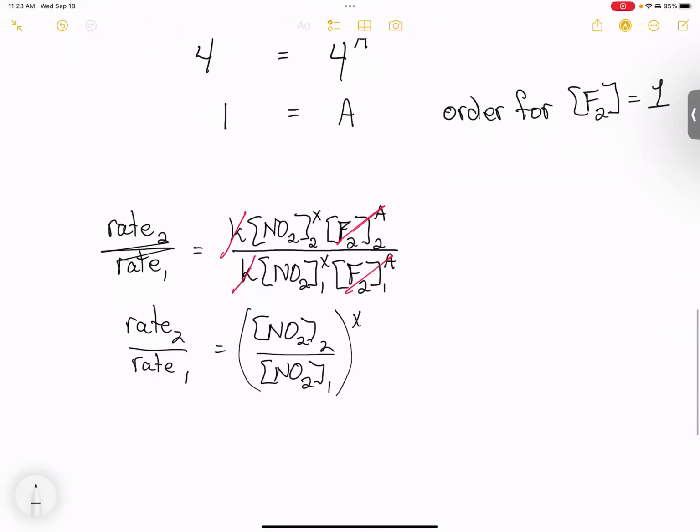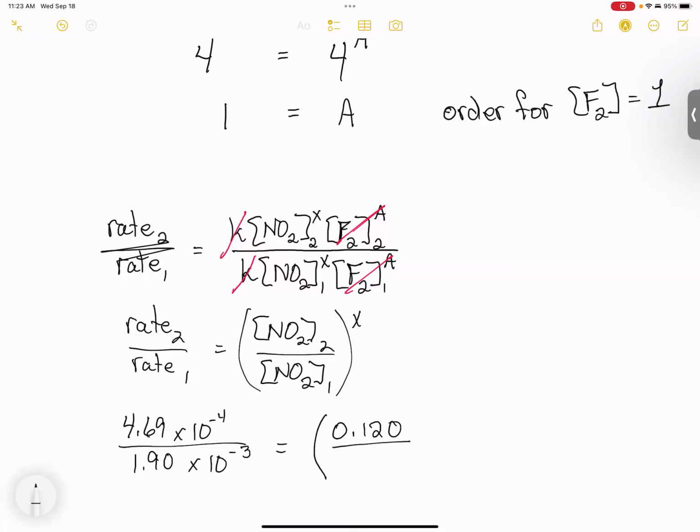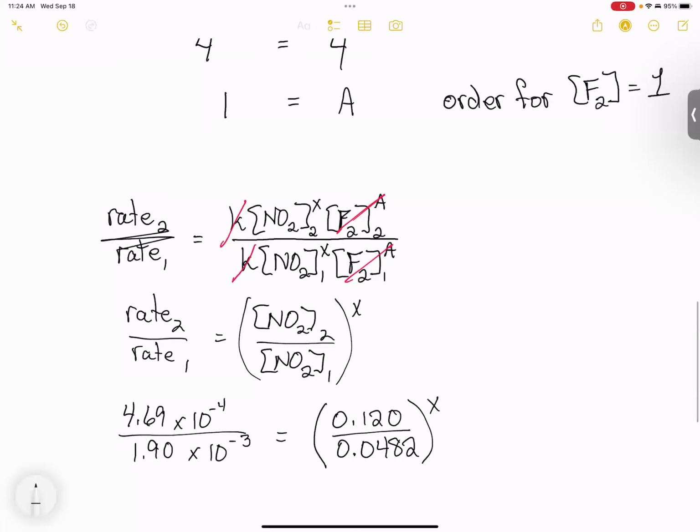Rate 2 was 4.69 times 10 to the minus 4. Rate 1 was 1.90 times 10 to the minus 3. For experiment 2, our NO2 was 0.120, and for experiment 1, our NO2 was 0.0482, and that's raised to the power.